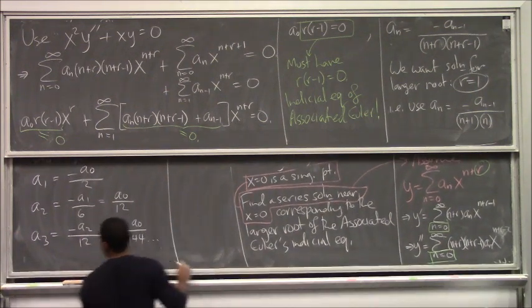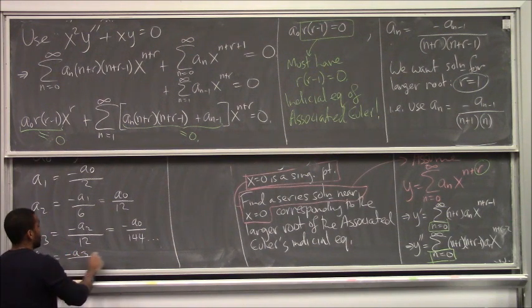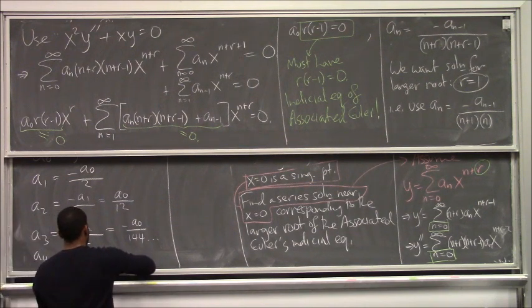What would the next one be? A4 would be minus A3 over, that's 4 times 5, that's 20, equals positive A0 over 20 times 144. That's not anything nice, is it? I mean, that's 2.